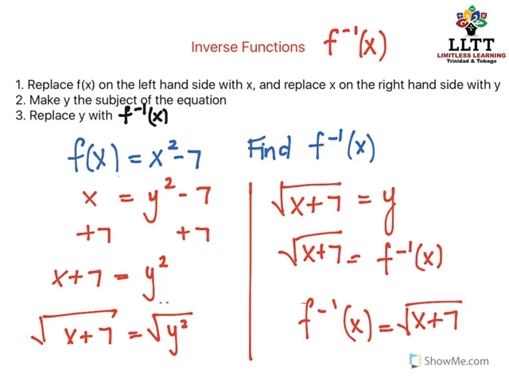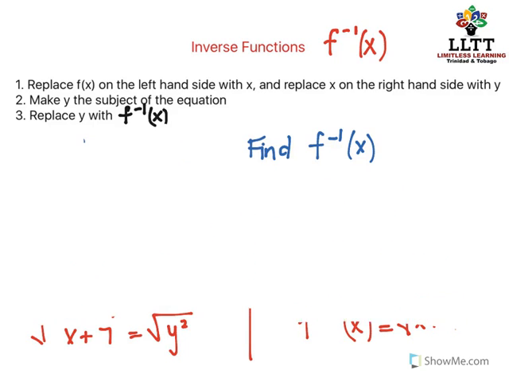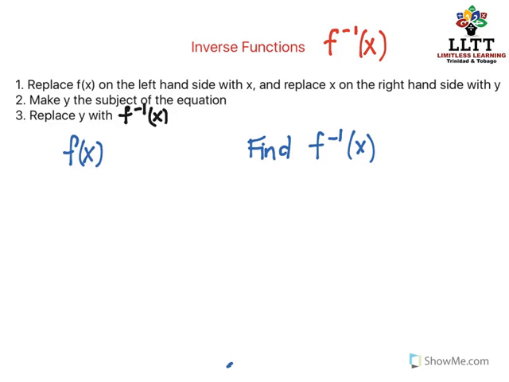Let's look at another example. So now I have f of x is equal to 4x plus 6 all over 5.